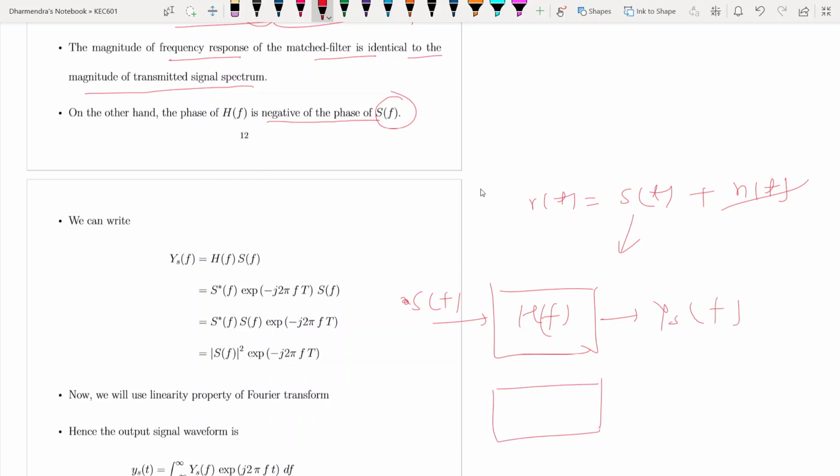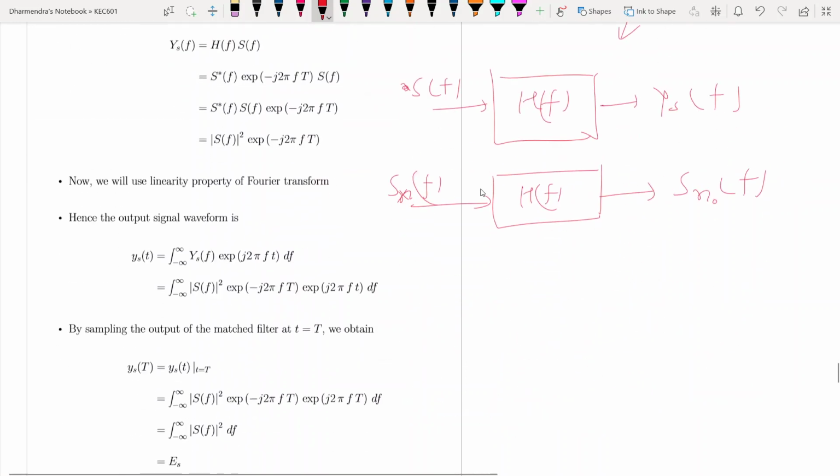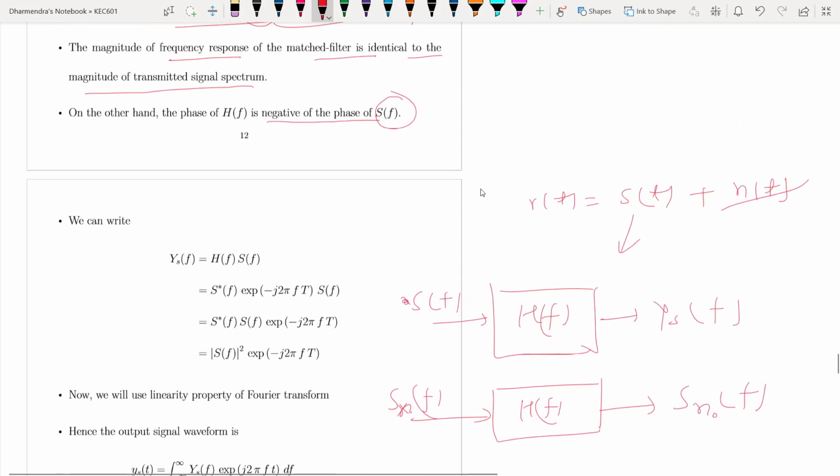Similarly, apply the random signal, that is, the PSD of this. So the output PSD corresponds to this. Okay, now S of t is deterministic.